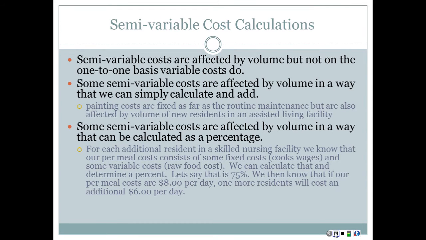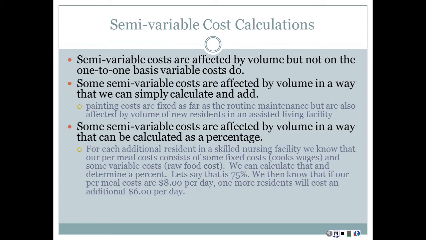So we then would take that figure and calculate that if we had one more person move in and our costs per meal were $8 a day, it would cost us $6 for that one additional resident. You could say that $2 were fixed costs and $6 were variable. Just another way of thinking about this.